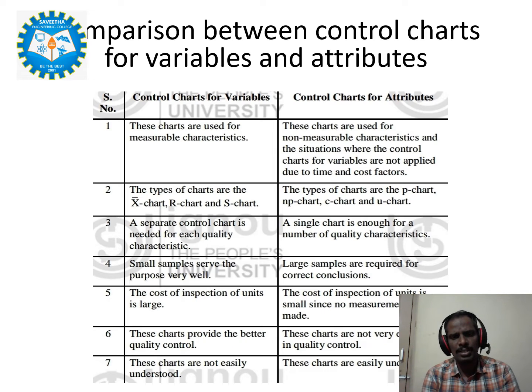X and R charts and S charts are used for variables, whereas C and U charts are used for attributes.